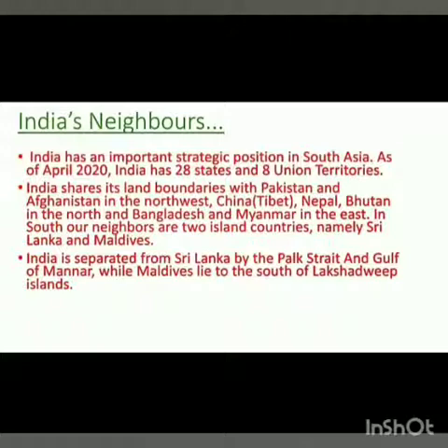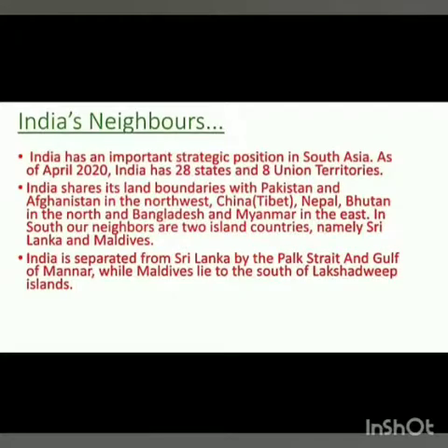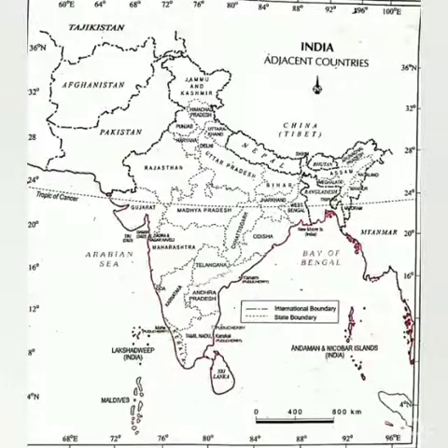Let's see the next map to get a clear understanding of this. Look at this map and you will get the idea of the location of various neighboring countries of India. In the northwest, see, this is Afghanistan, this is Pakistan.